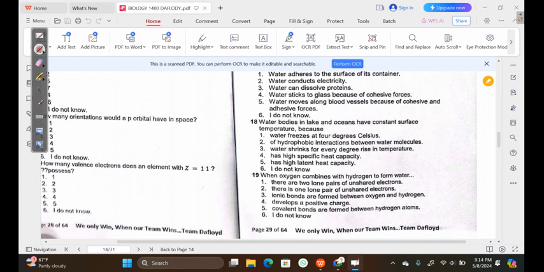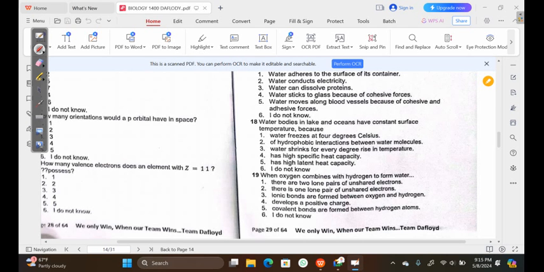For you to change the temperature of water, you need a lot of energy. In a lake or ocean, the only source of heat is sunlight. So for you to change that temperature, you need a lot of heat, which is not enough to reach maybe the end point of that lake or water. So it's very hard to change the temperature of water. That is what we call high specific heat capacity.